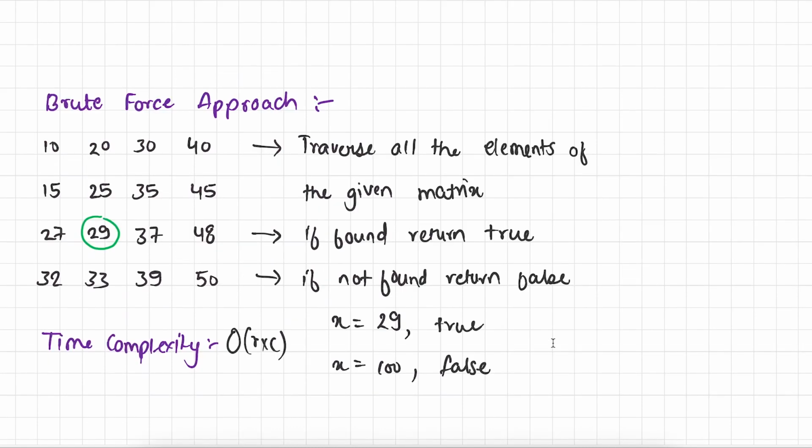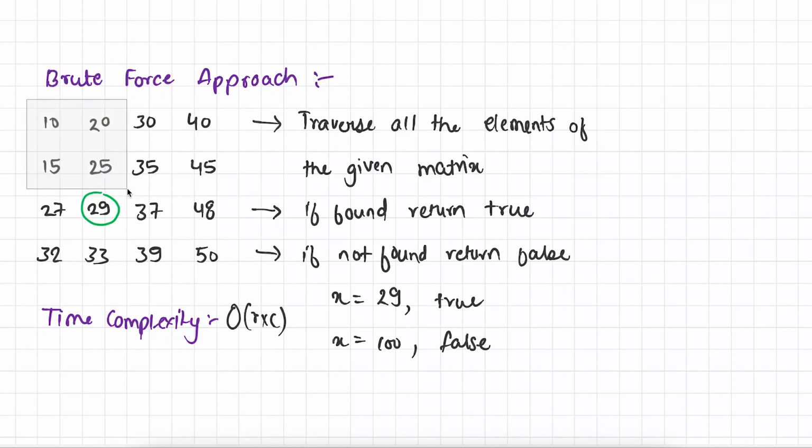Before we jump to the efficient approach, let me talk about the brute force and basic approach. Here we have the matrix 10, 20, 30, 40, 15, 25, 35, 45, and so on. What do we do in this basic approach? We simply traverse all the elements of the given matrix. We start from the first element, the first row of the first column, and traverse all the elements like this.